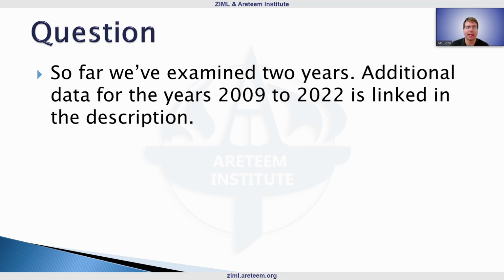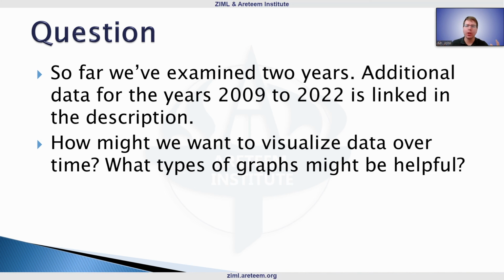So you can look at that in the linked data too. And how might we better visualize this over time? Should we use the same graphs? Should we just make more of them? Are there other graph types that might be helpful? How could we go about putting those together? That's some of the stuff that we want to talk about and visualize for next time too.